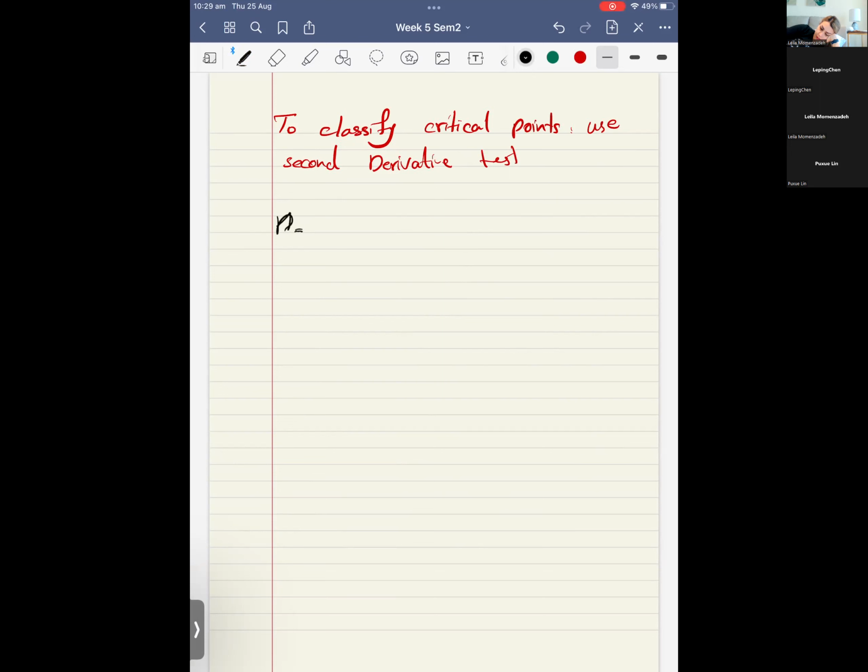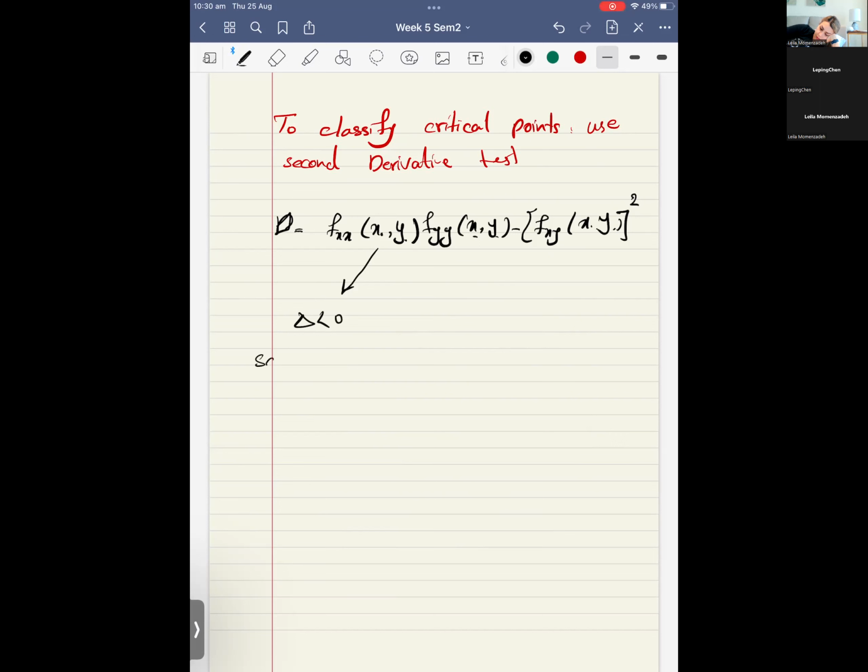Its delta is equal to fxx(x0, y0) times fyy(x0, y0) minus fxy(x0, y0) to the power 2. It means that for this point, delta less than 0 is a saddle point.